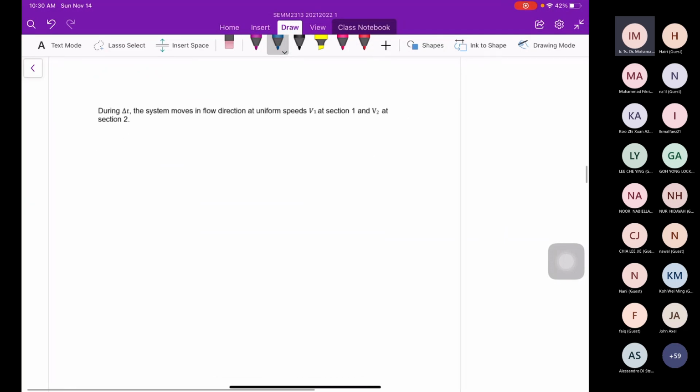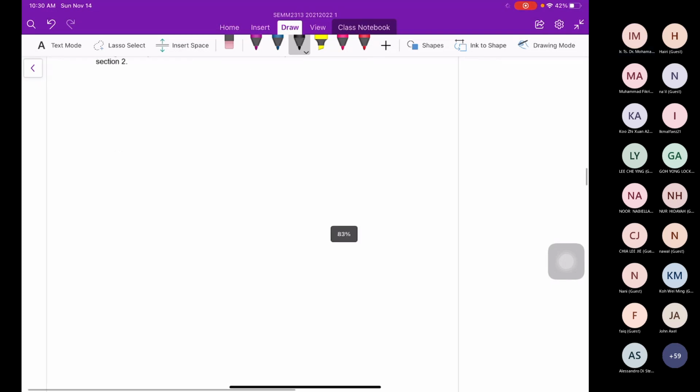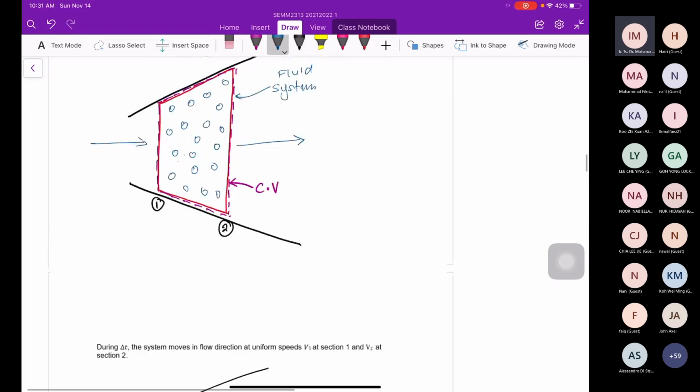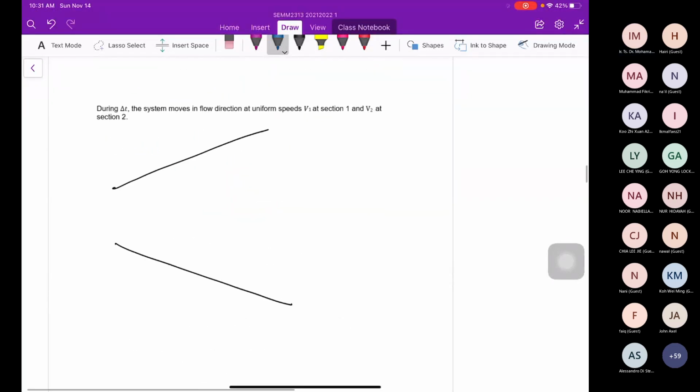So how does it look? It will be like this. The same thing, this is the diffuser. At the initial point, the control volume coincides with the fluid system.